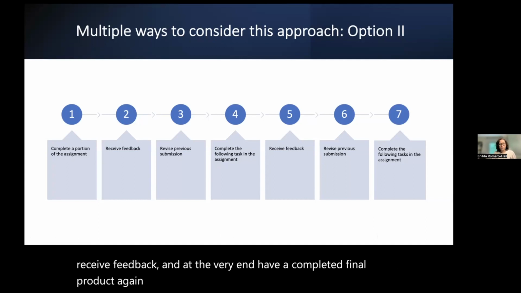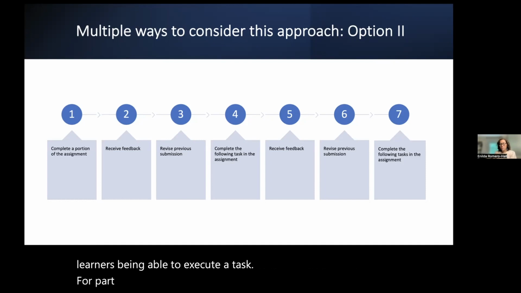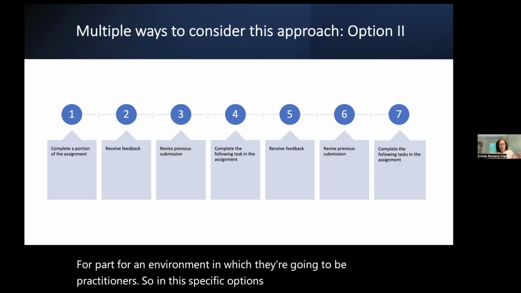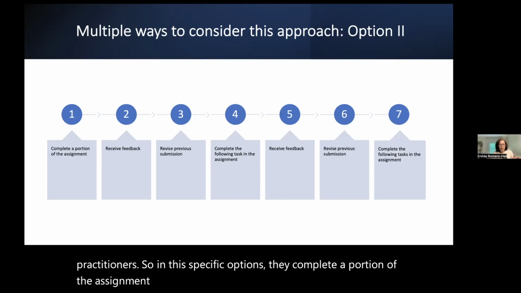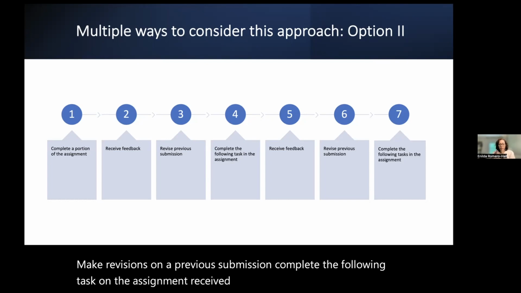Again, primarily from my practice, I am teaching for the learners being able to execute a task for an environment in which they're going to be practitioners. So in this specific option, they complete a portion of the assignment, receive feedback, make revisions on a previous submission, complete the following task on the assignment, receive feedback, revise previous submission.